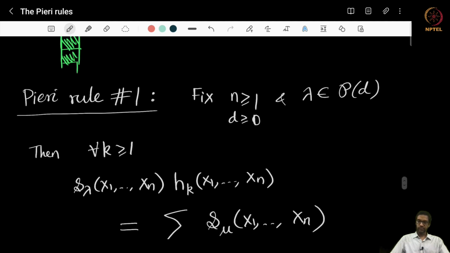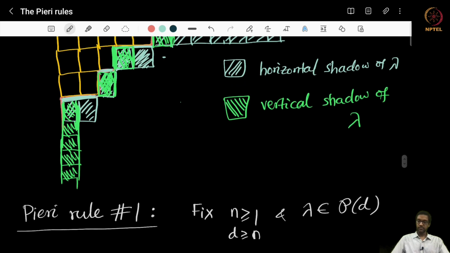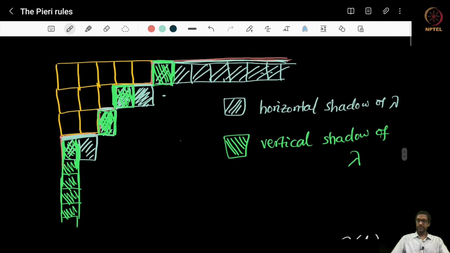So what this means is, in that earlier diagram that we drew, let's go back up there. This was the original shape, the shape lambda in yellow. If you multiply that Schur function S lambda by the complete symmetric function h10, for example, then you can write it as a linear combination of Schur functions, where the S mu which appear are obtained by taking lambda and making it bigger.